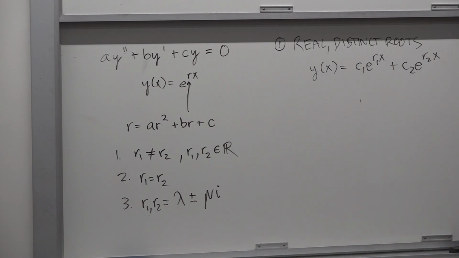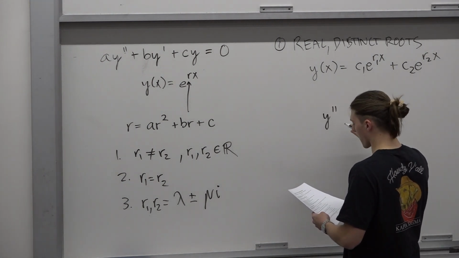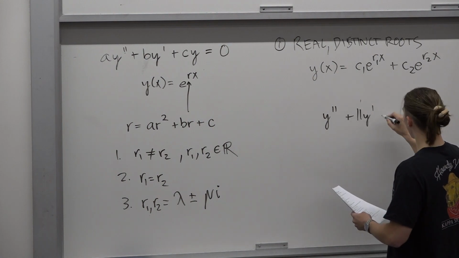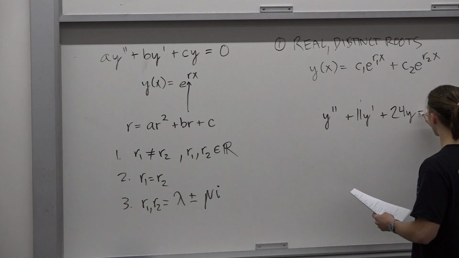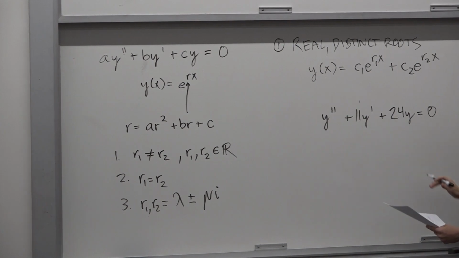So let's walk through a little problem just to see what we have here. Let's see this equation, y double prime plus 11y prime plus 24y equals 0. This is the form we're looking for. We don't have to do any further simplification.